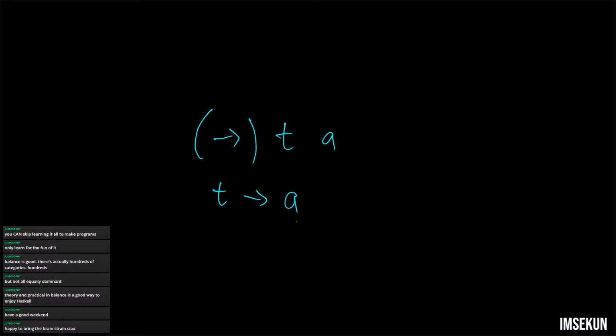So T and A. This is a common type signature. I've been using this everywhere. Lots of people use this. It's like a super common thing that people see. So it essentially means that T gets evaluated into A, and that's pretty much it. And this is just like the, I guess, prefix version of that, right?